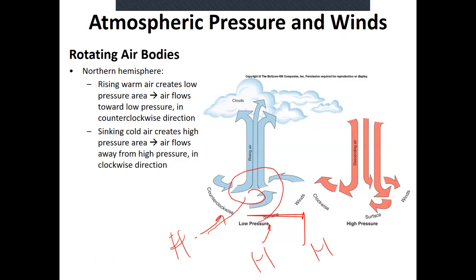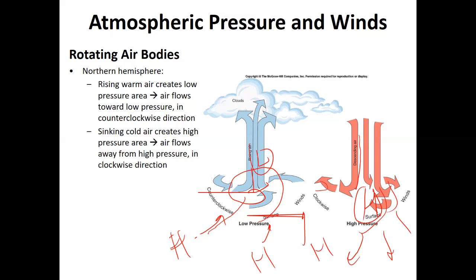And whenever air is descending, so this would be high pressure, and it's moving away, it spins clockwise. But this is why cyclones, or any sort of storm, a cyclone is a rotating air mass.